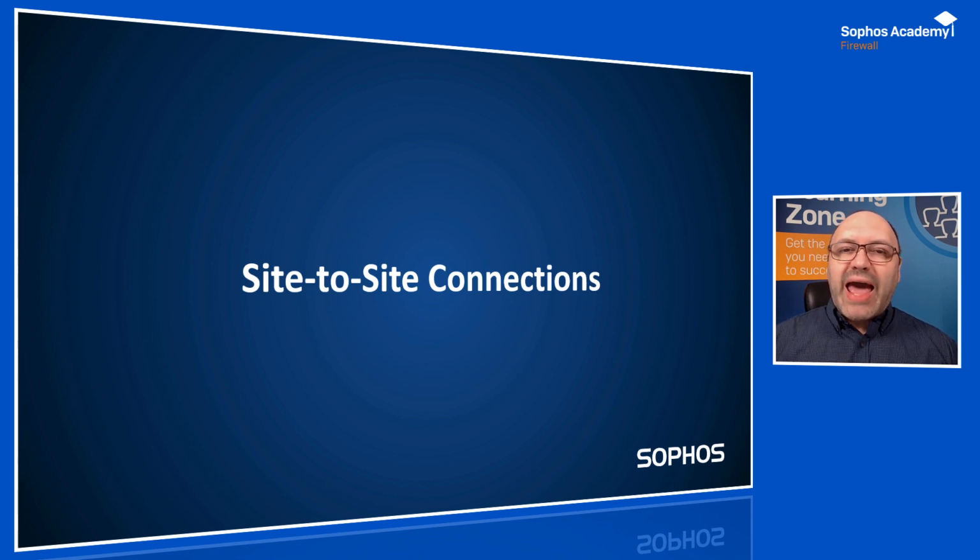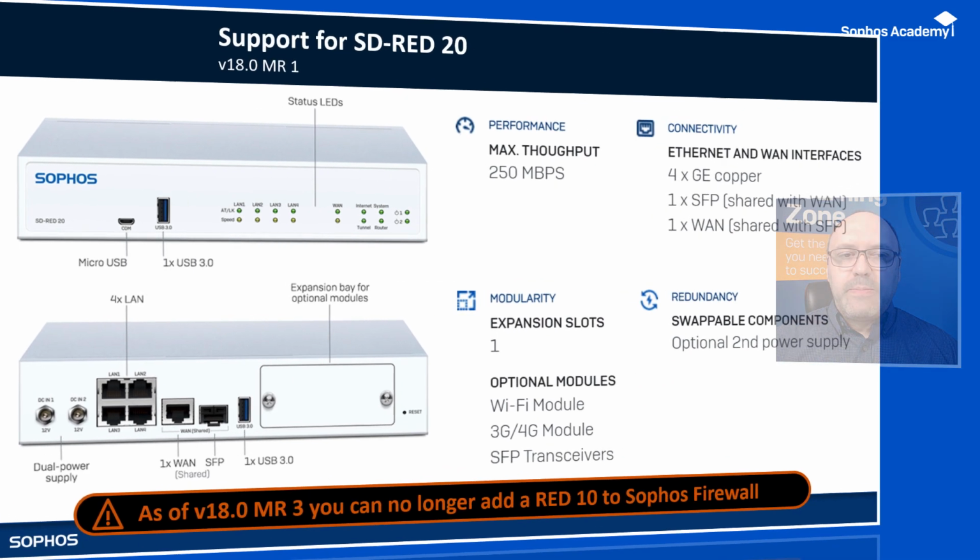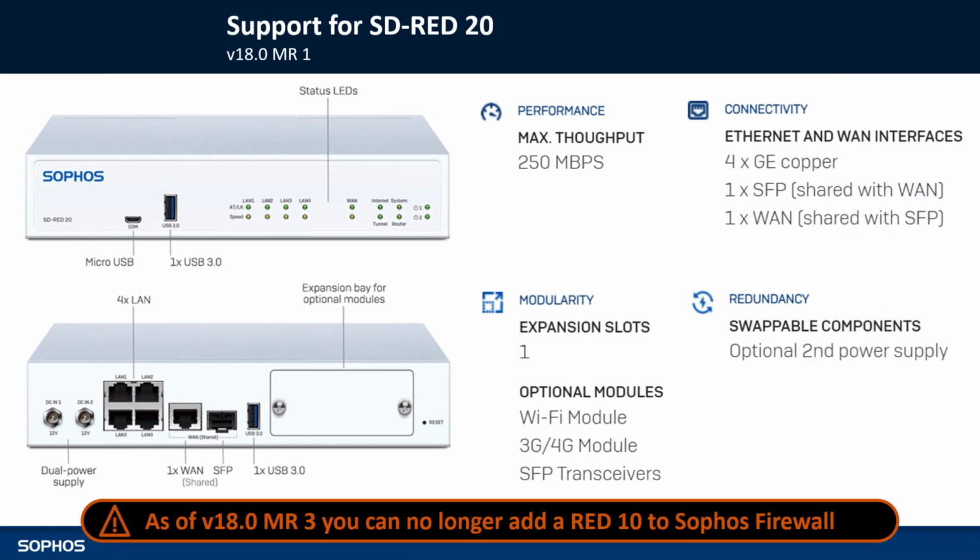So shortly after the release of version 18, we launched the new SD-RED 20 and SD-RED 60 hardware, and support for it has been included since MR1. The new SD-RED hardware provides more throughput than the older devices, the option for dual power supplies for redundancy, and an expansion slot that can be used to add Wi-Fi or 4G.